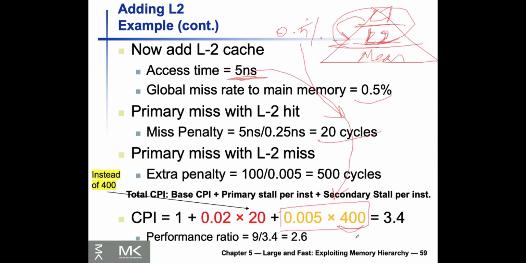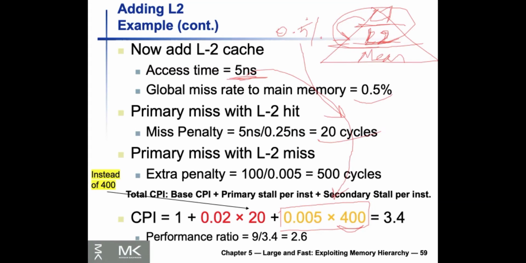And then it's going to be the percentage of L3 misses multiplied by the cycles of memory, which is 400. Exactly, that's right. You would have gone down.